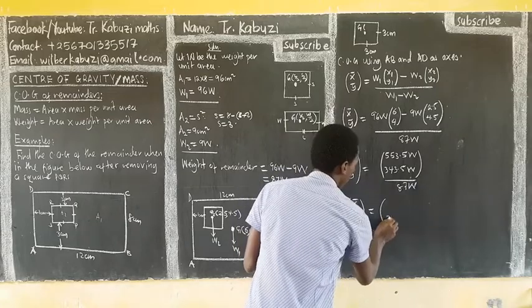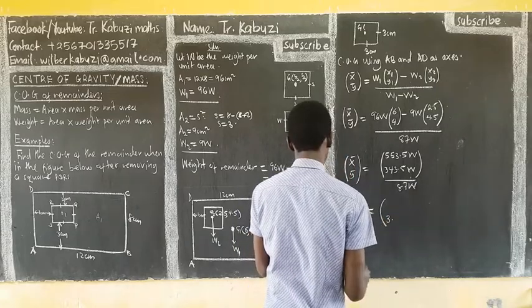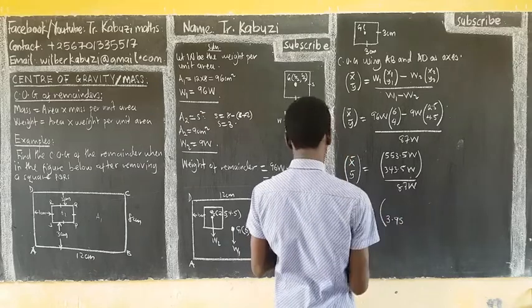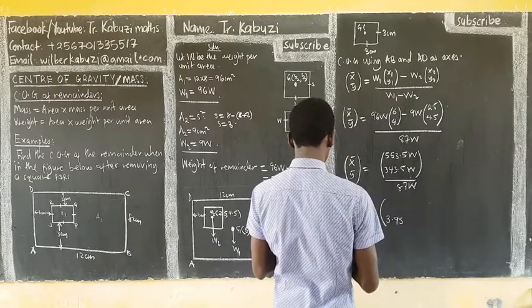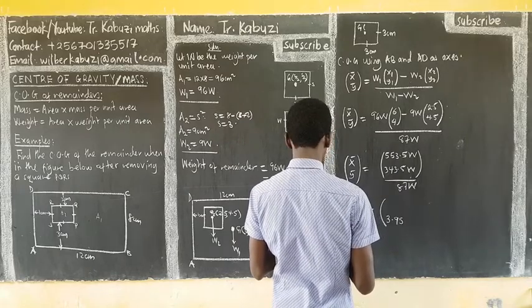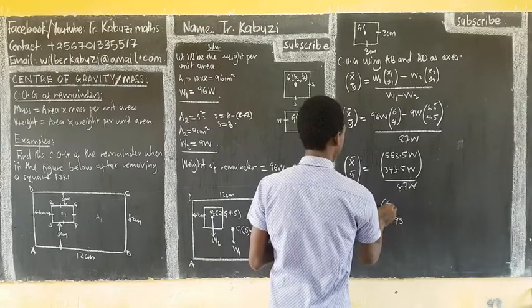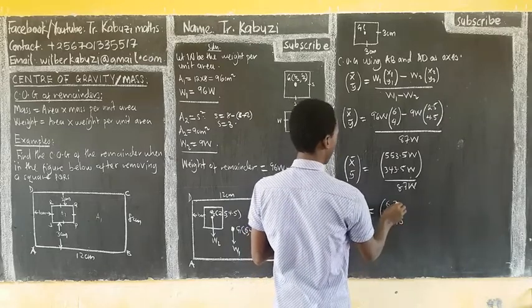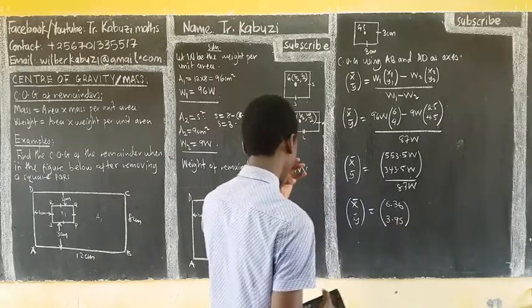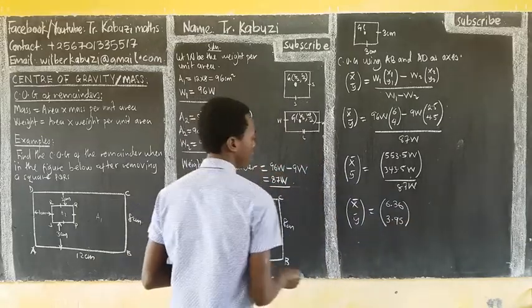Here I'm going to give it 4 decimal places: 3095. Then I divide the other one. Let me give it 6.36. That's where my center of gravity will act.